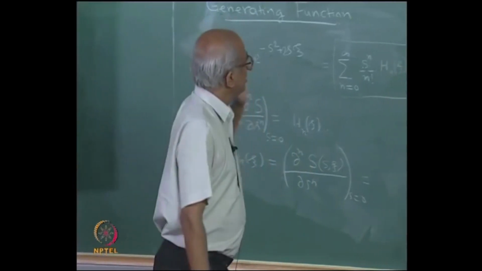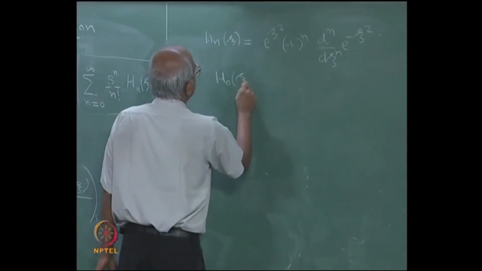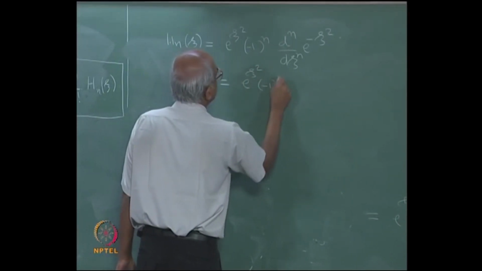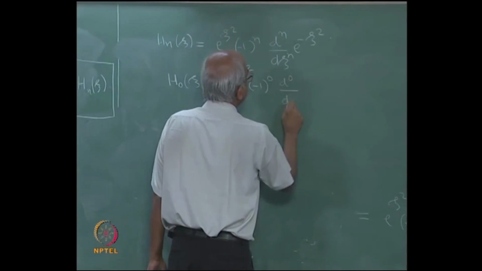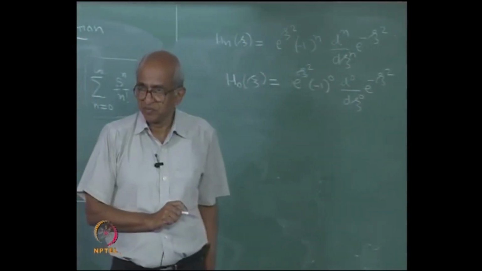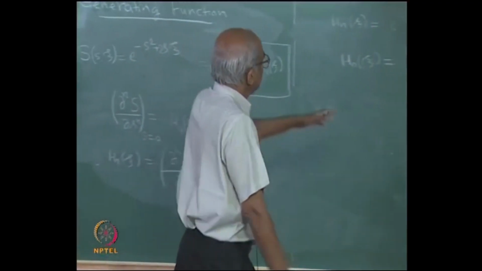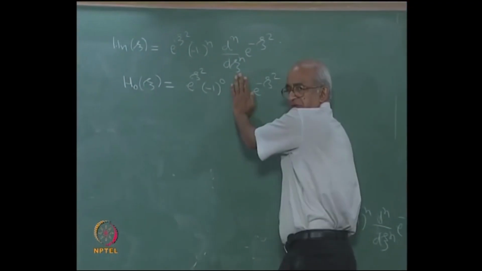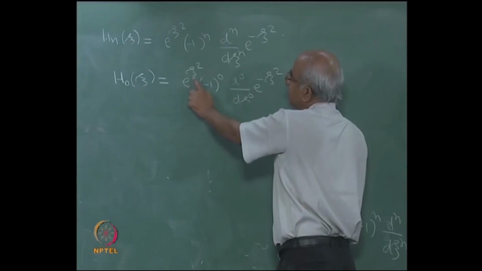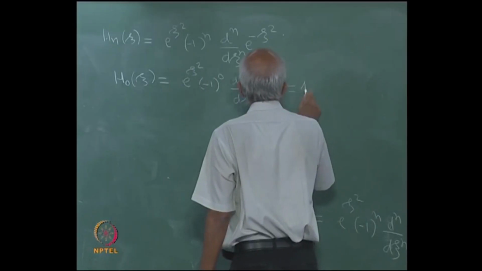And just to illustrate, suppose you think of H0. This will be H0, which is really unnecessary for me to write down because it is so simple. d to the power of 0 means you are not carrying out any differentiation, and minus 1 to the power of 0 is 1, and so e to the power of c square and e to the power of minus c square cancel, and you get the answer as 1.